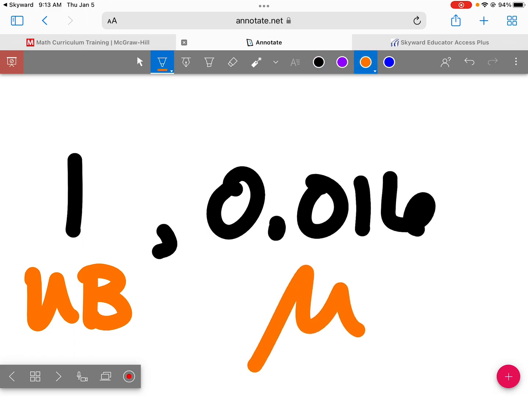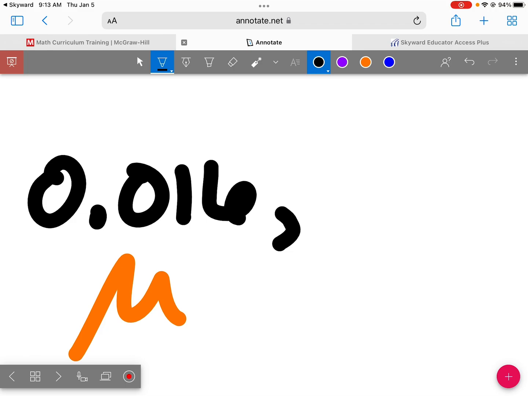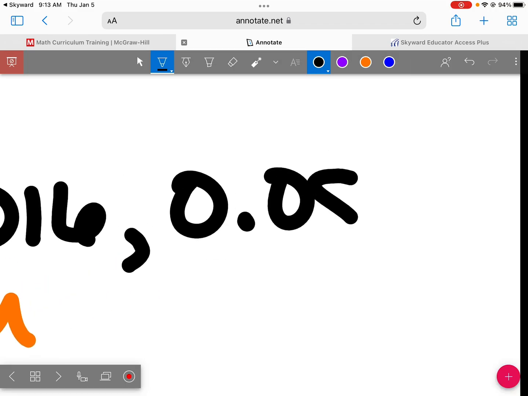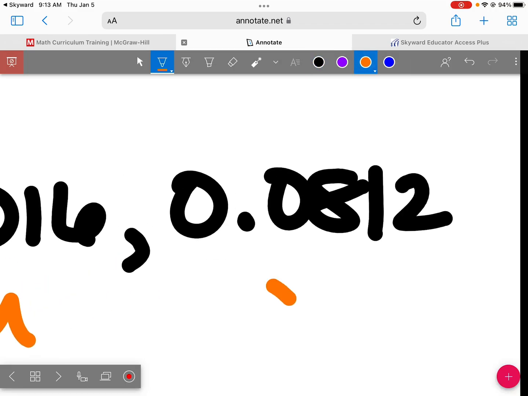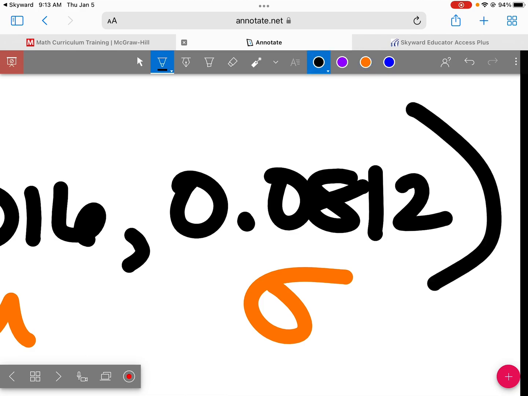0.016 is my mean. 0.0812 is my standard deviation, and then I can pop that into my calculator. What is that probability?